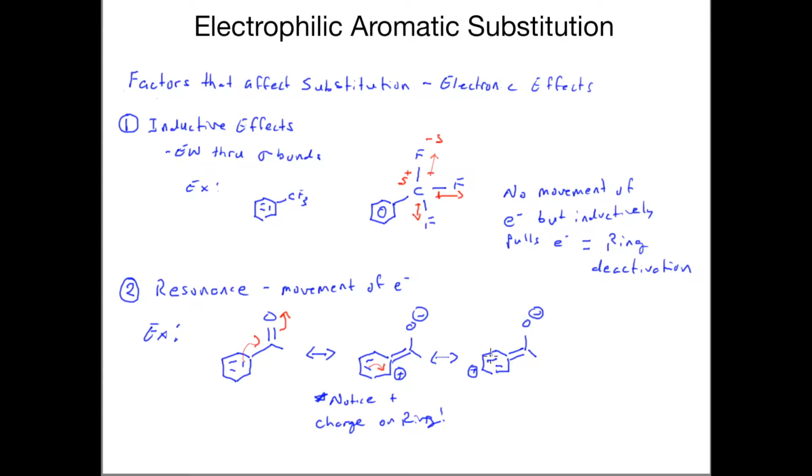And then we can make it move one more time by moving this over to the ortho position or the 1,2 position there. So this is electron withdrawal by resonance.